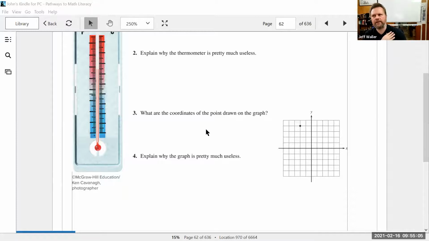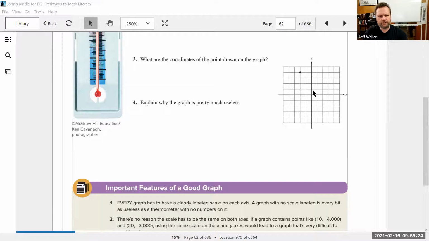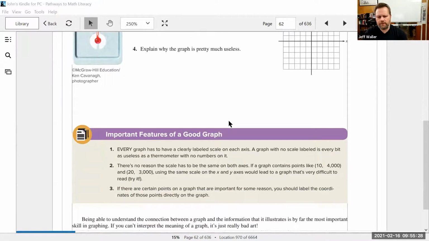Normally, if you don't have it labeled, I assume that it's going by one step each, right? But you have to give me some idea of what scale you are using, because if you don't, I can't really tell what that is. But you did what I would do. I would assume you mean 1s if I don't see anything.